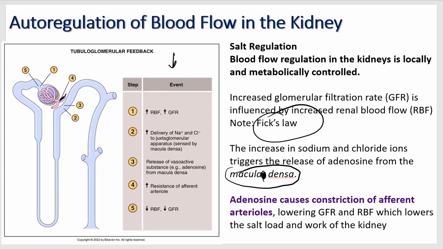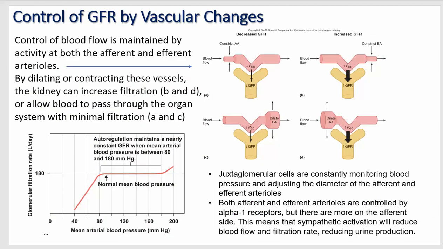That's the hard thing to remember. If we have a lot of sodium and chloride ions, that probably means things aren't being reabsorbed properly and they're moving through too quickly, so we need to slow it down. The way that happens is the release of adenosine. Adenosine causes vasoconstriction. In this case, it causes constriction. It doesn't do that everywhere. And it's going to lower that GFR and that RBF.